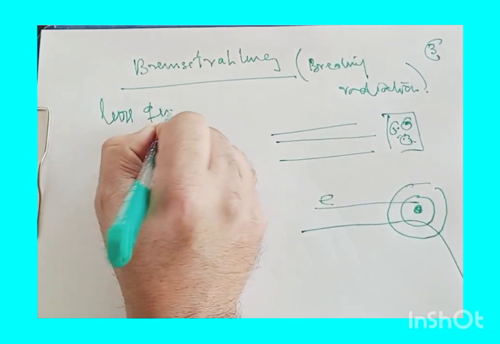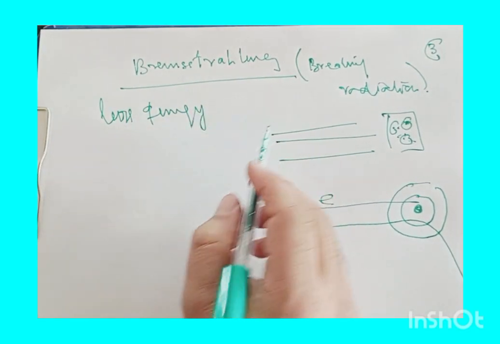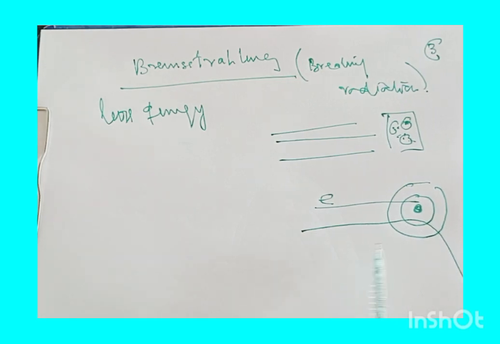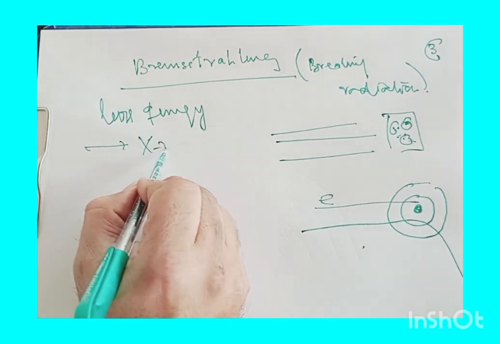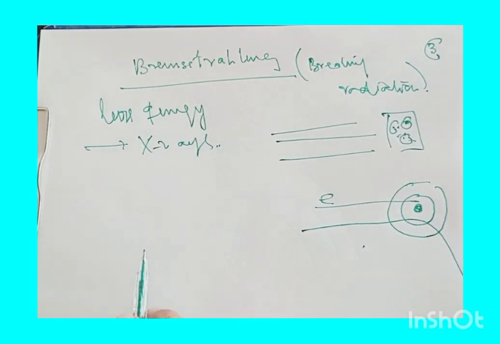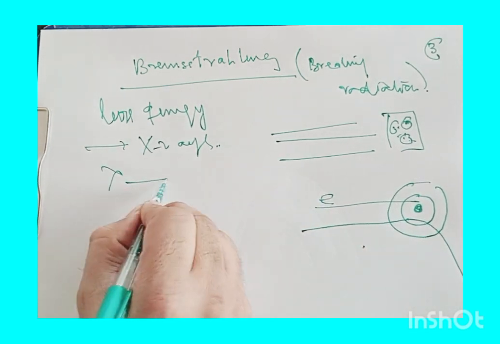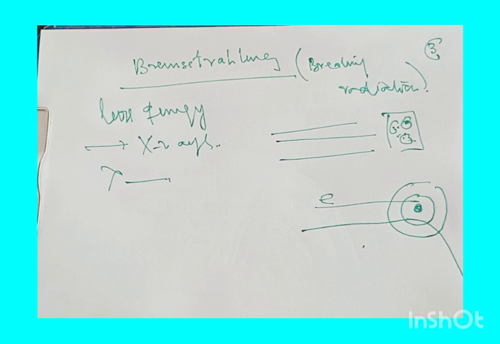This loss of energy during this retardation, deceleration, appears in the form of electromagnetic radiation, and that is X-rays of continuously varying wavelength. The X-rays produced by this phenomenon will have a range of lambdas in them. That's why we call it a continuous spectrum of X-rays.